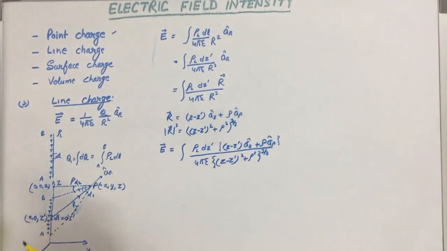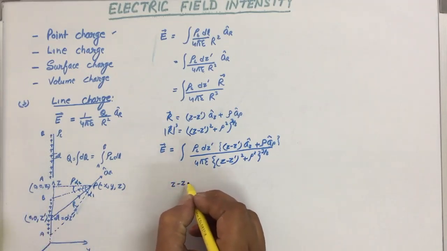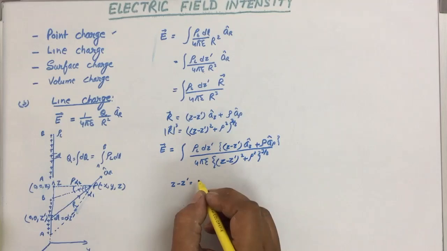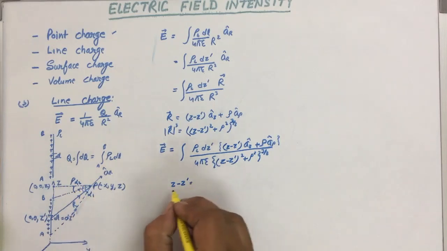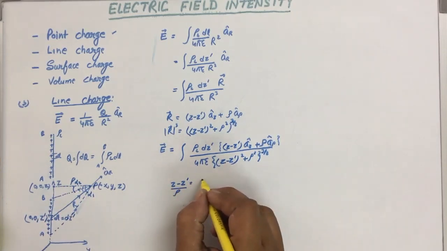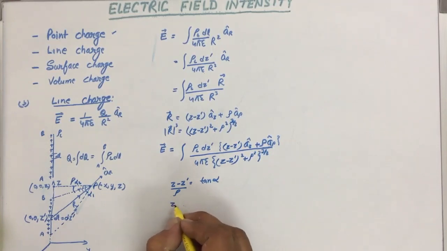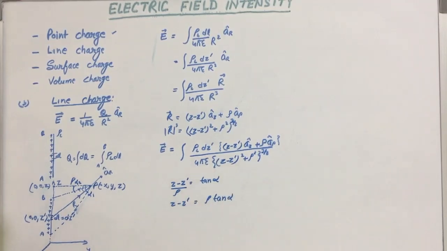So from here, z minus z dash: if this is alpha, then in this triangle perpendicular divided by base is equal to tan alpha. So from here we can say z minus z dash is equal to rho tan alpha.